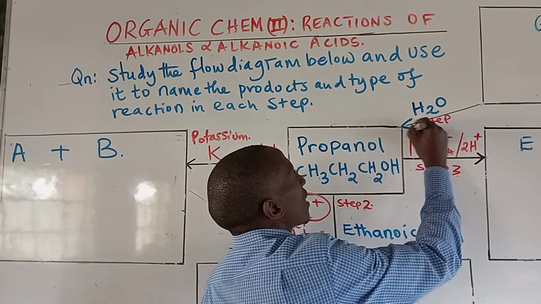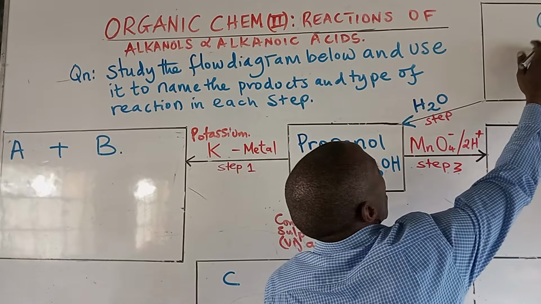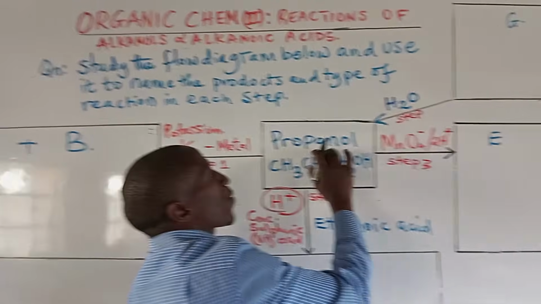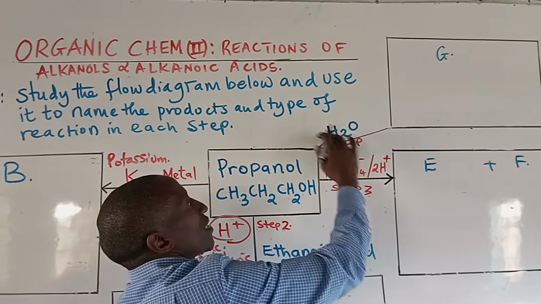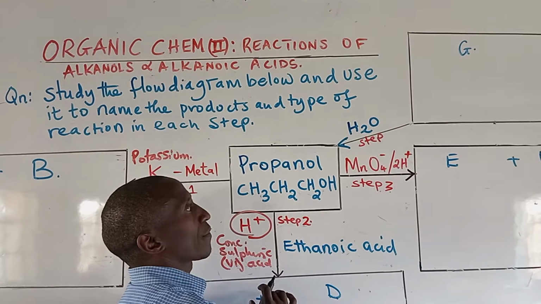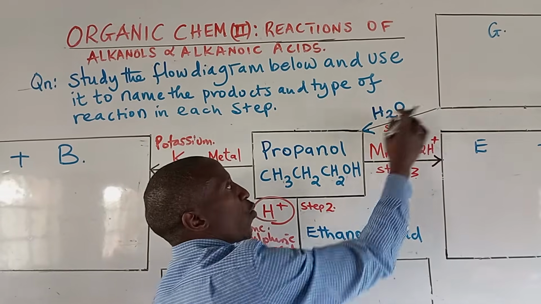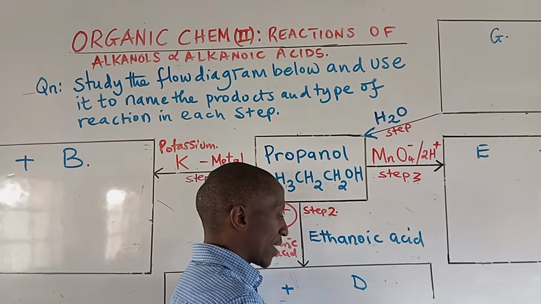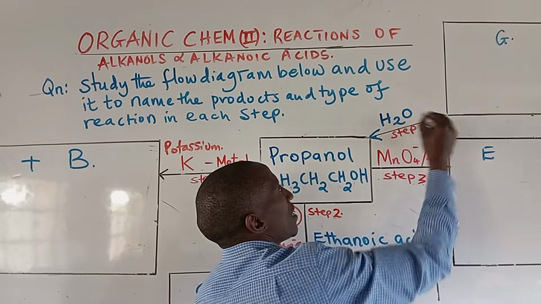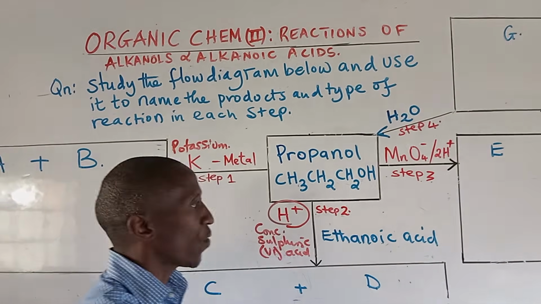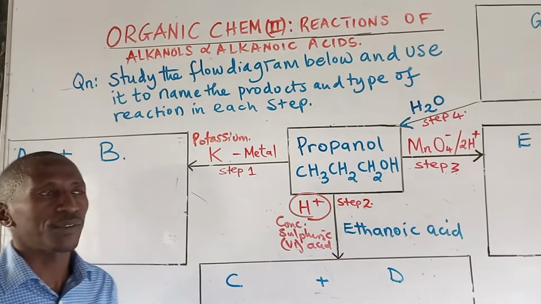What reagent can lead to formation of propanol, whereby the reagent used is water? What reacts with water to form propanol? What kind of a reaction is that, which we shall have in step number 4? So viewers, let us get going.